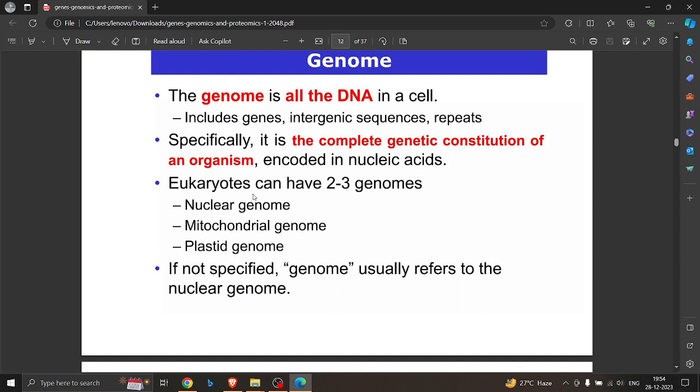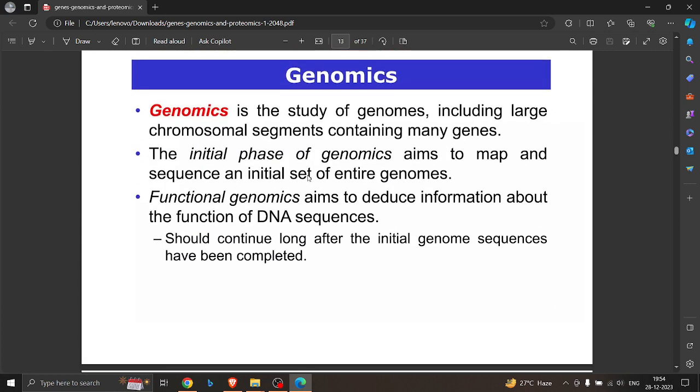Eukaryotes can have 2 to 3 genomes: nuclear genome, mitochondrial genome, and plastid genome. If not specified, genome usually refers to the nuclear genome. Genomics is the study of genomes, which includes large chromosomal segments containing many genes.